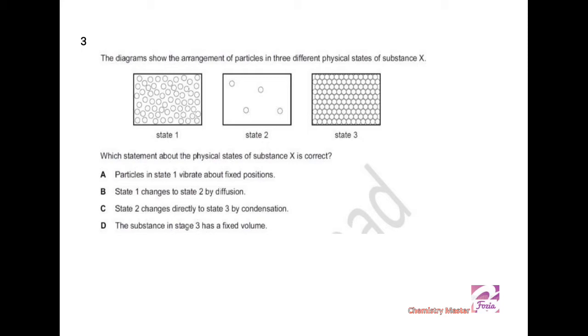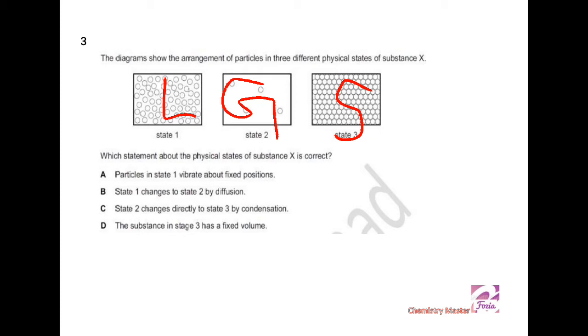In state 3, the particles are very tightly packed together, so it must be the solid state. In state 1, the particles are relatively at a distance as compared to state 3, so it must be liquid. When the particles are very far away, it must be the gaseous state. Now we see which statement about the physical state of substance X is correct.